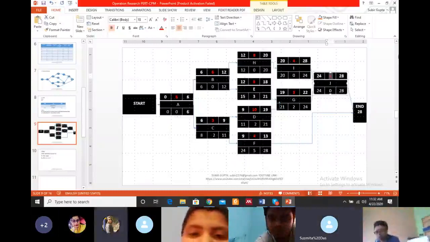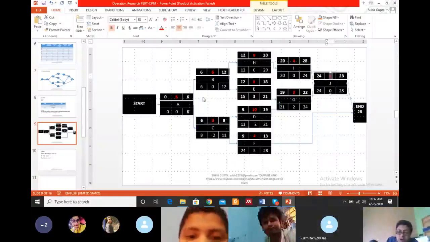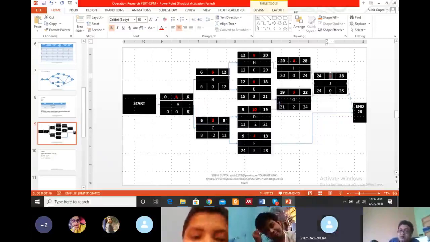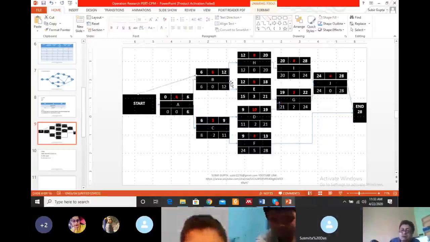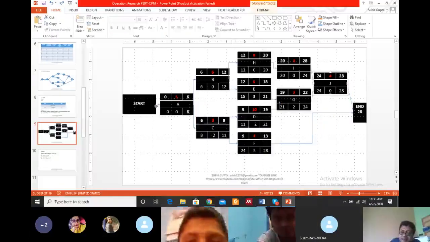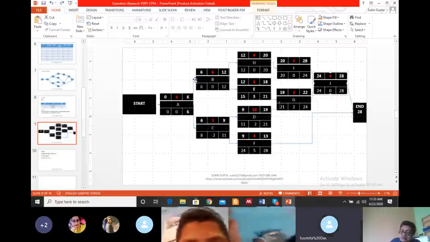Okay, now listen carefully. Whenever you draw the arrow, I repeat, whenever you draw the arrow, be careful. You cannot add any arrow like that. This is not possible, or this is an error. All arrows must start from the right-hand side and must be inserted into the left-hand side.